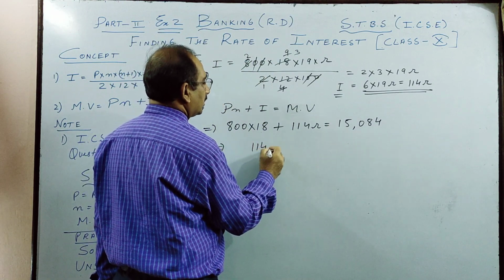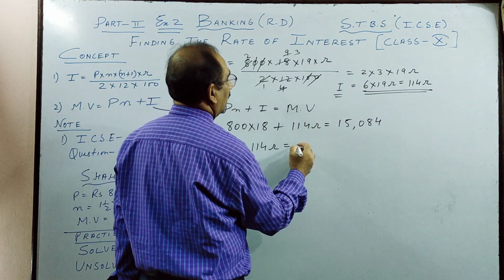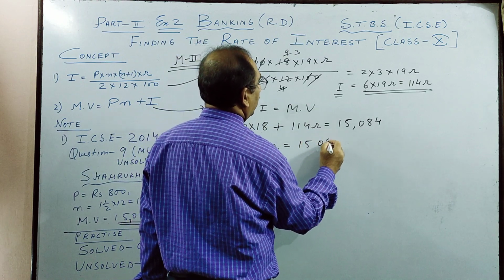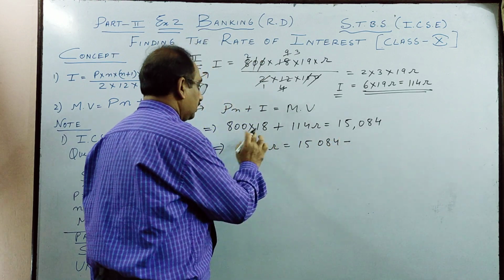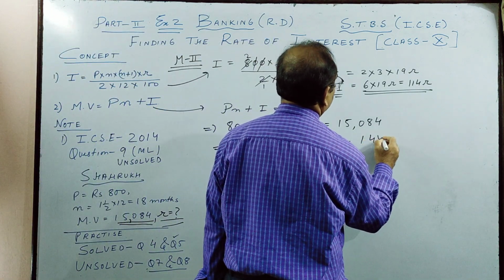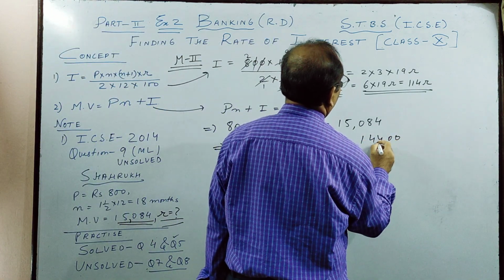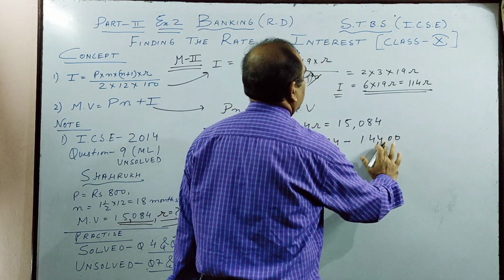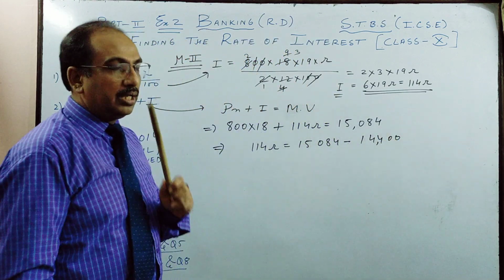So here we go. Leave this side R, and this is 15084 minus, if you do 18 8s are 144. So you must know the table properly up to 20.